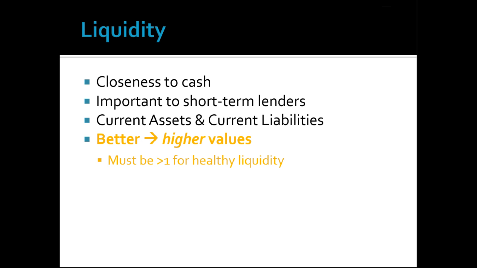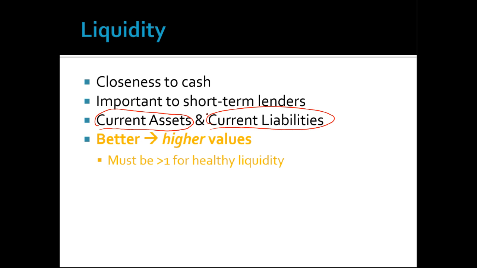And so I'm going to be looking at current assets when I'm looking at these ratios. Sometimes not all the current assets, sometimes just some of them, and I want to compare them to the current liabilities. Remember, those are things that the company owes within the next year. I want to see how much cash or things that are really close to cash the company has that it can use to pay for all those short-term bills.